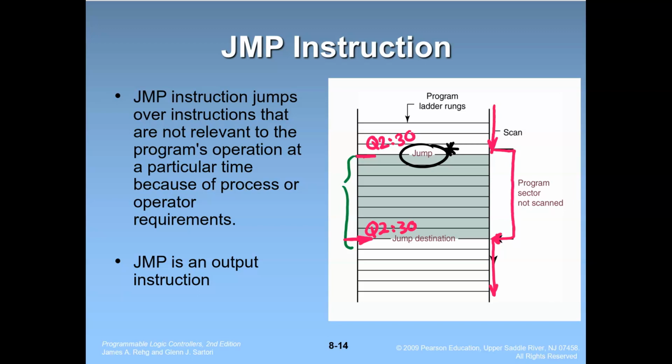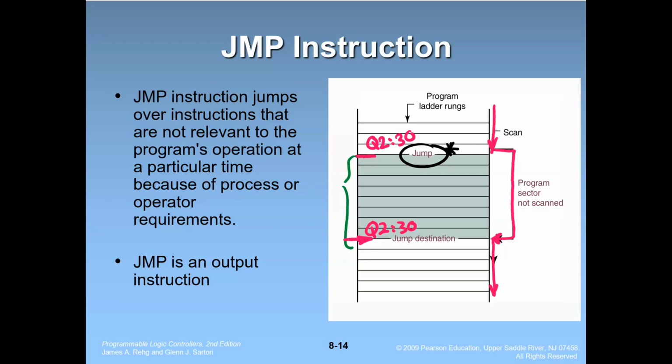The reason that we have this reference number is that we can have more than one jump and label instruction in our program. As long as we have reference numbers for them, the program knows which destination is related to each individual jump instruction. Now, something that you should remember is that every jump needs to have a destination.